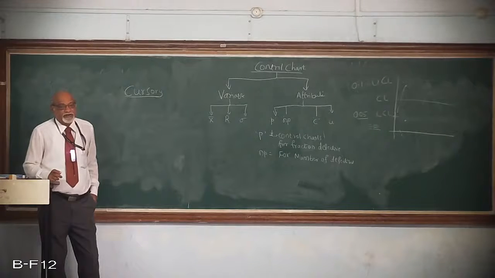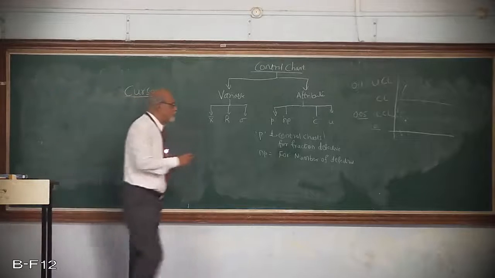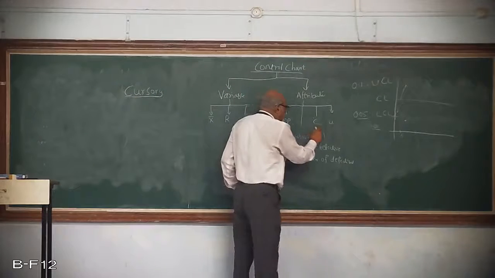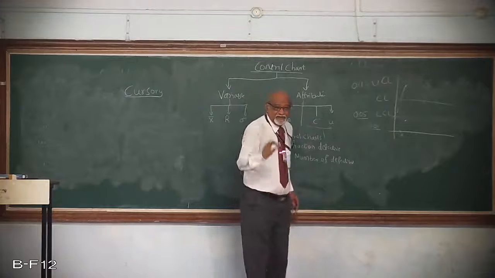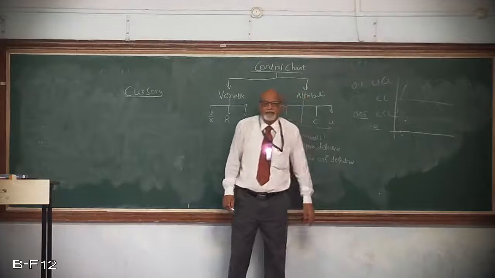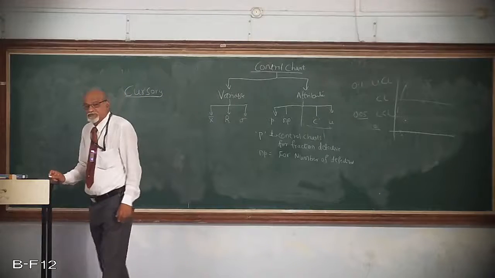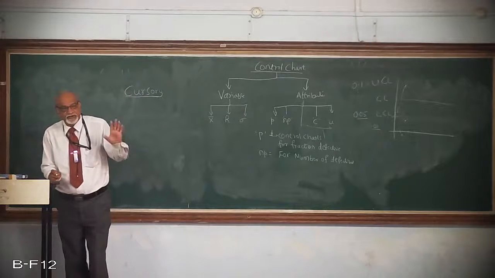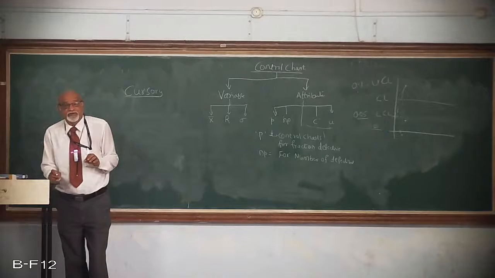Whenever the data refers to defects, then go for C chart or U chart. Try to understand. If it is defects, you can go for U chart without any problem. Okay, it will take some time, but U chart is the universal chart if it is a defect. It contains the word defects.